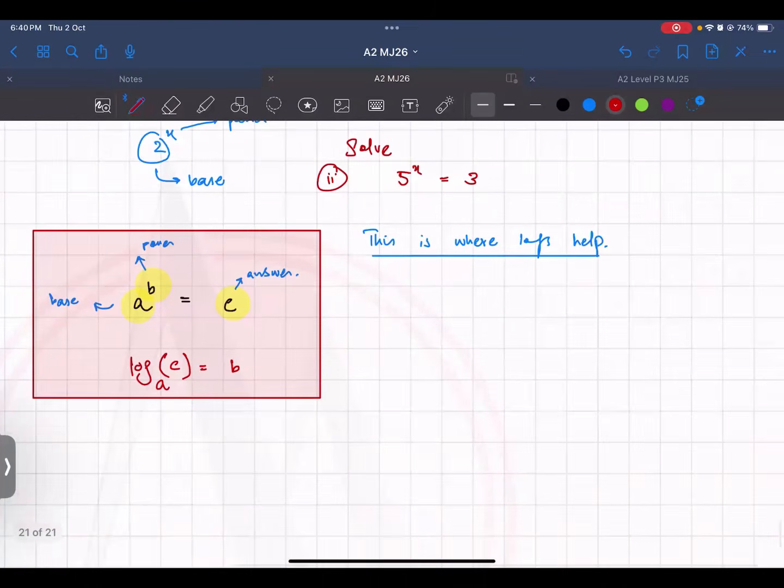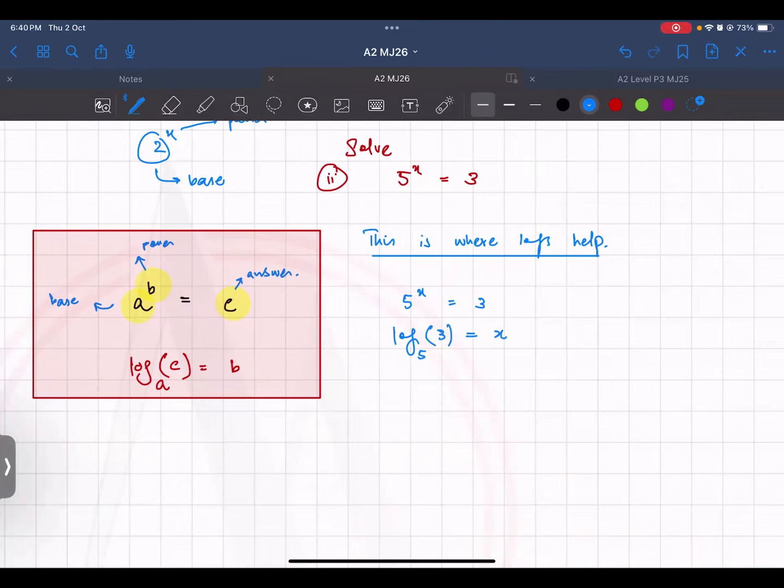Right now in this example, we want the answer for x. 5 power x is equals to 3. And this is an exponential equation. So using the rule over here, if we convert this 5 power x is equals to 3, this would become log, and the base will still be the base. So 5 is the base. The power comes outside is equals to x. And the answer after this equals to part comes inside the log.